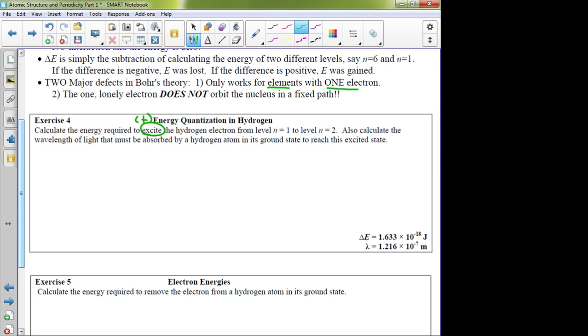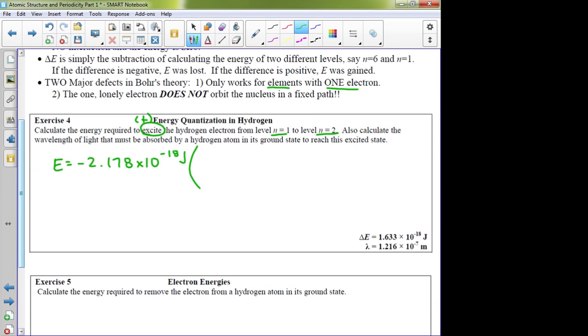So exercise 4 says calculate the energy required to excite the hydrogen electron from level n equals 1 to level n equals 2. So I would just say energy is equal to negative 2.178 times 10 to the negative 18th joules times, so we're going to do final minus initial.